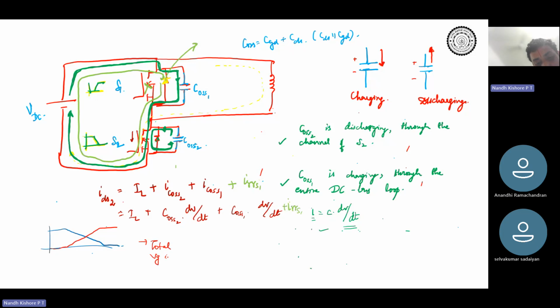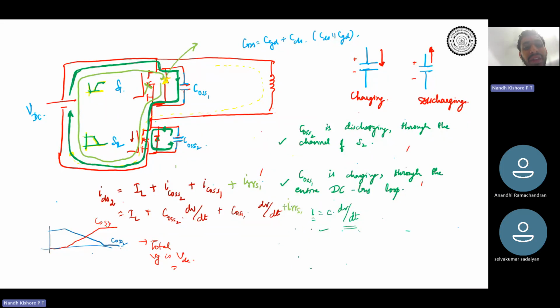This is COSS2 and this is COSS1. So if COSS2 falls linearly, COSS1 has to increase linearly at the same time, since the total voltage is fixed at VDC.